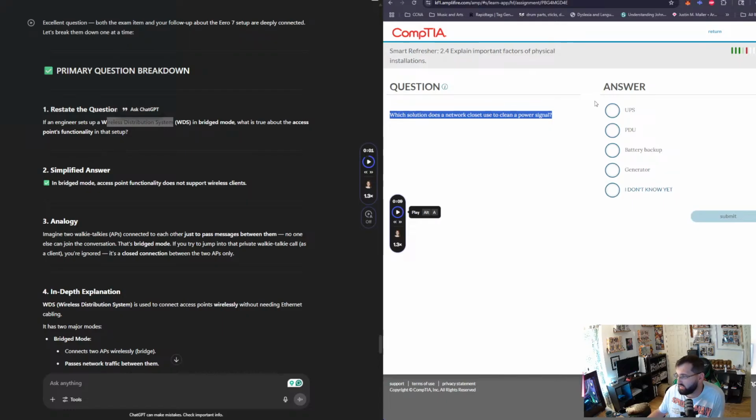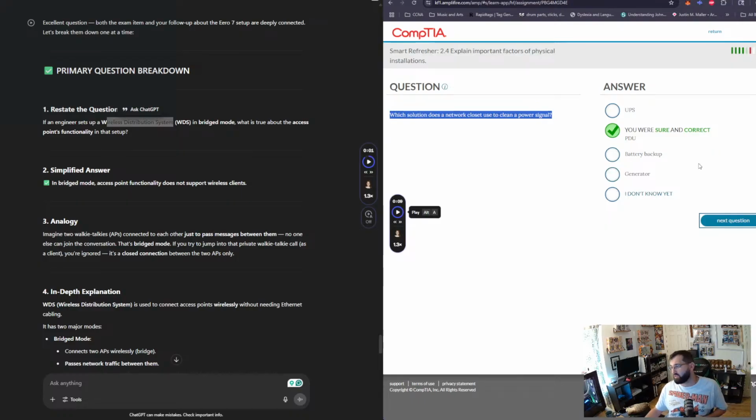Yes, it's clean signal. I think it's the PDU. So the PDU is the clean power, which means that the UPS must not be. No, the generator is dirty power. And dirty power is when it is not a steady signal of energy. Things like if you have a generator, it's constantly going, it's vibrating.